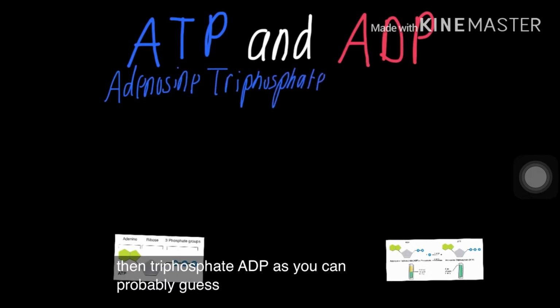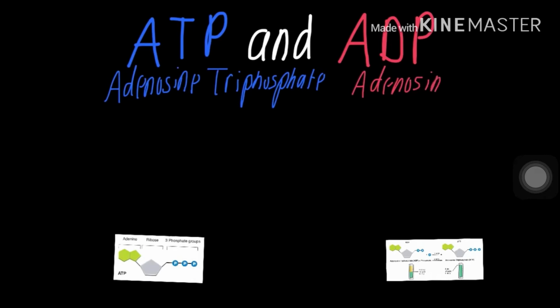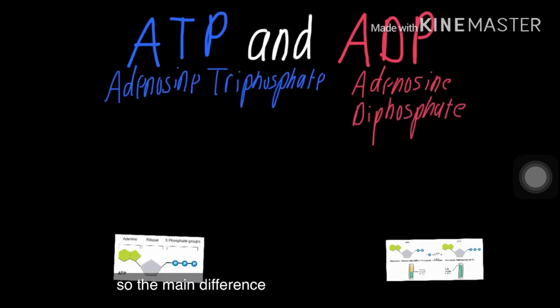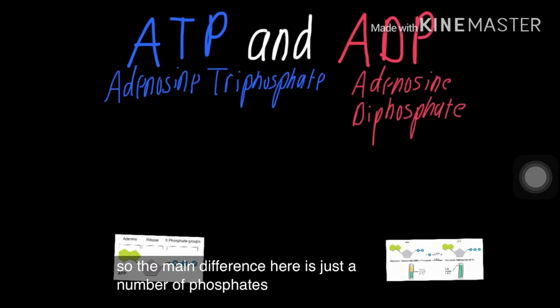ADP, as you can probably guess, stands for adenosine diphosphate. So the main difference here is just the number of phosphates that they have.